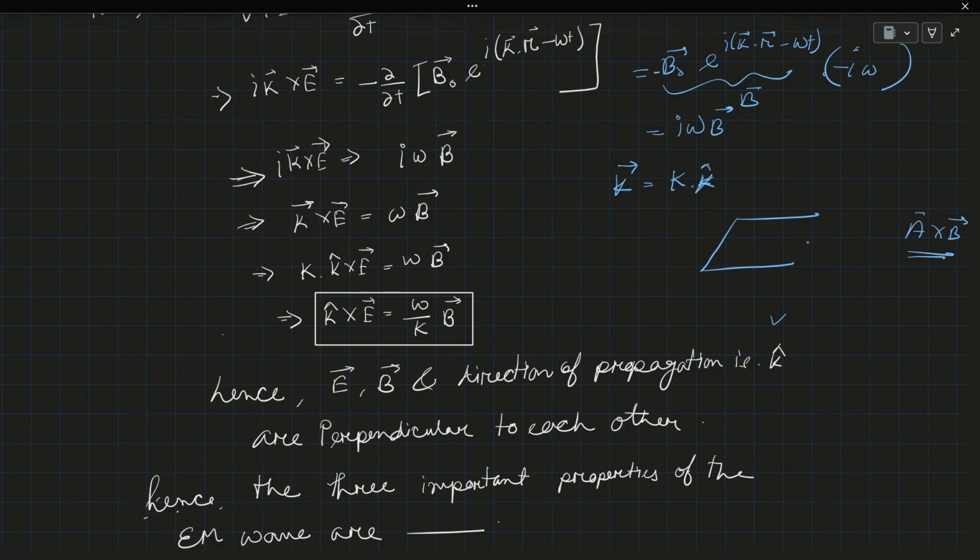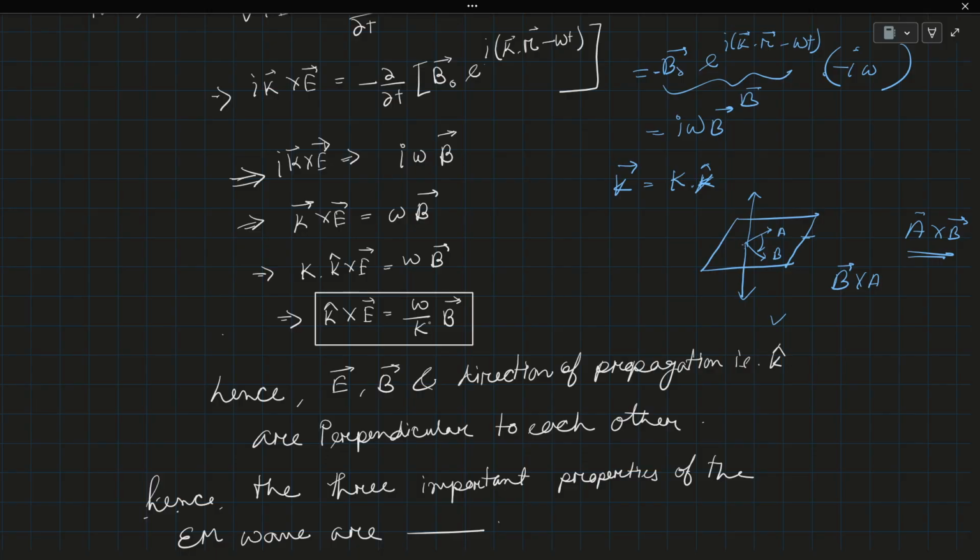Let's say in this plane a and b are here. This is a, this is b, so a cross b will be like this. And b cross a will be in the direction opposite to this. So if a and b are in this plane, then a cross b or b cross a will be in the direction perpendicular to this plane.